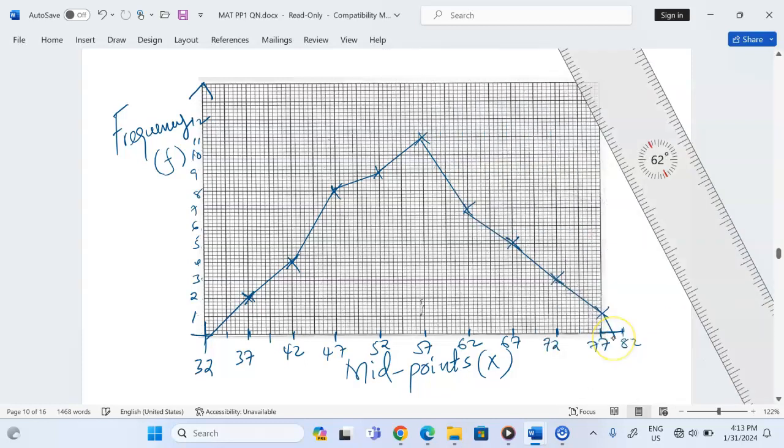So we anchor them at the axis. This is what we call a frequency polygon.